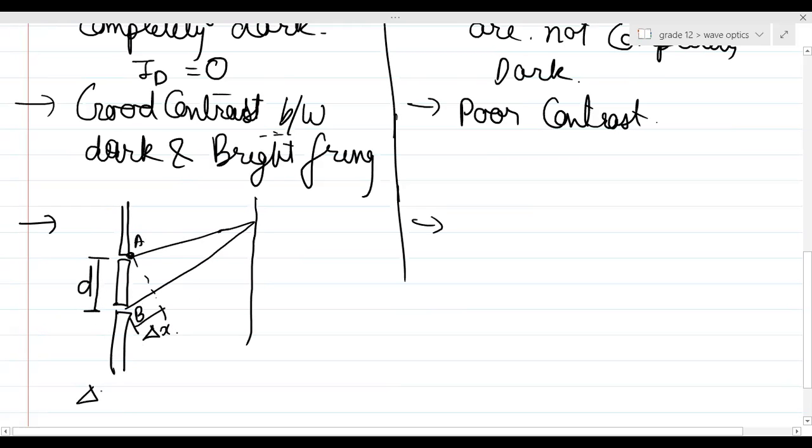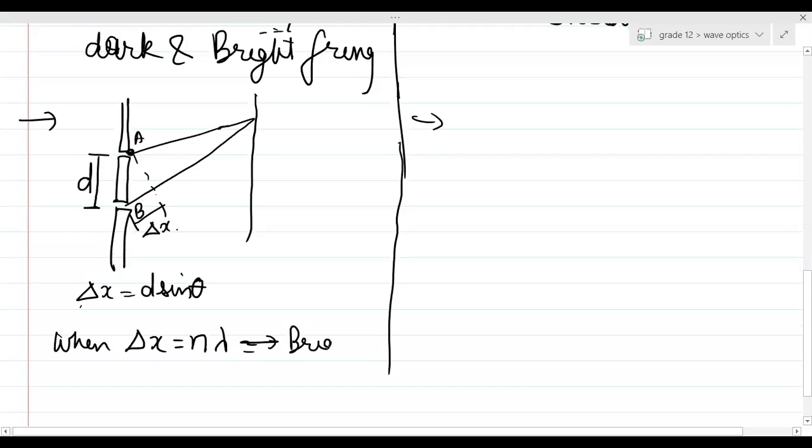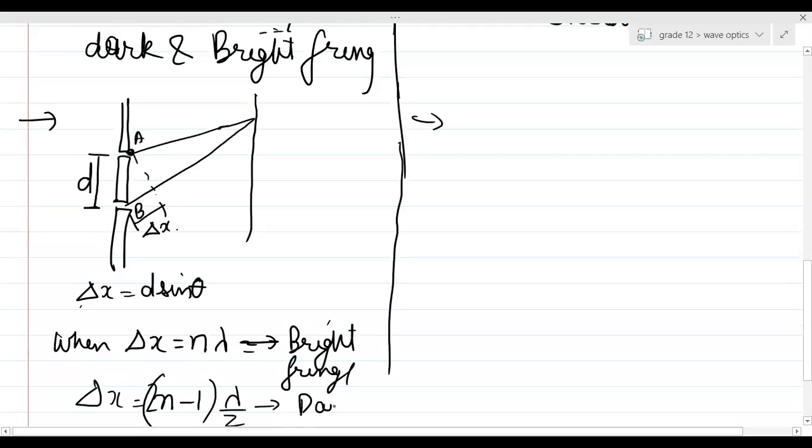So here the path difference is d sin theta. And when delta x was equal to n lambda, then you got a bright fringe. And when delta x is equal to (2n minus 1) lambda by 2, then you got a dark fringe, right?